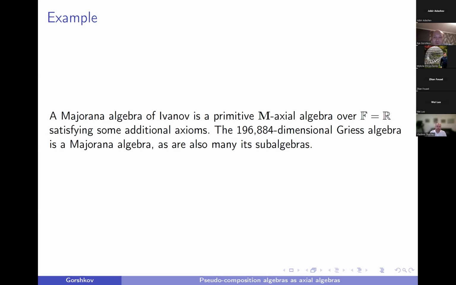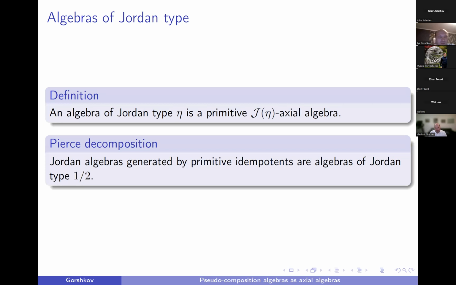The first generalization of the Griess algebra was Majorana theory, and later Hall, Rehren, and Shpectorov generalized Majorana theory and got axial algebras. Okay, now I want to define Jordan type algebras.